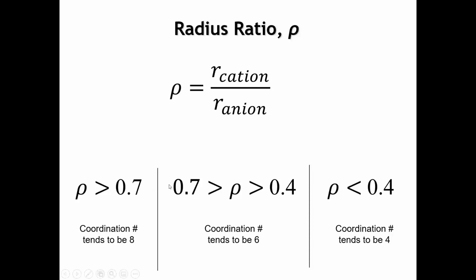When it dips below 0.7, it's not possible to fit 8 anions around the cation anymore, and the coordination number drops to 6. And when the radius ratio drops below 0.4, then we can't even fit 6 around it, and the radius ratio predicts that the coordination number is going to drop to 4.